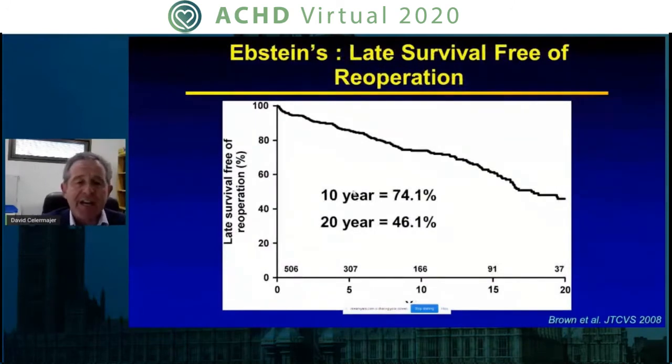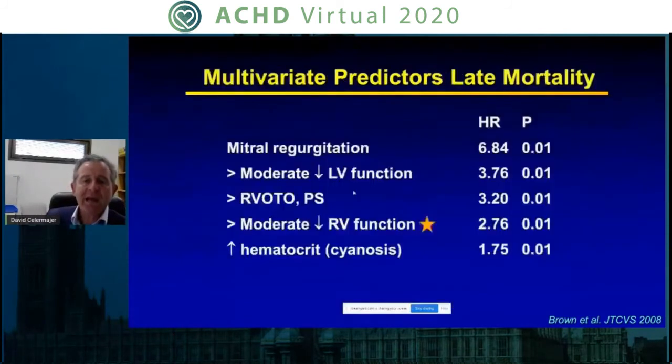What about freedom from reoperation? And those data are pretty good, although obviously not quite as good. In fact, in this experience, the 20-year reoperation rate is a tad over 50%. Now, as the Mayo do, they've done a sophisticated multivariable analysis about the predictors of late mortality. And many in the audience will know that the left side of the heart is terribly important in prognosis with Ebstein's anomaly.